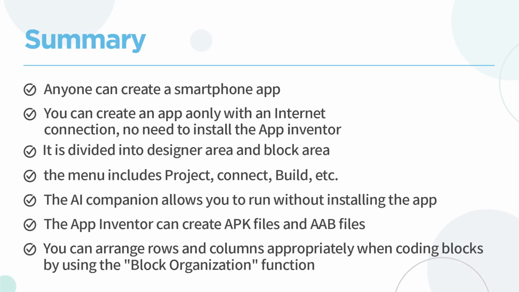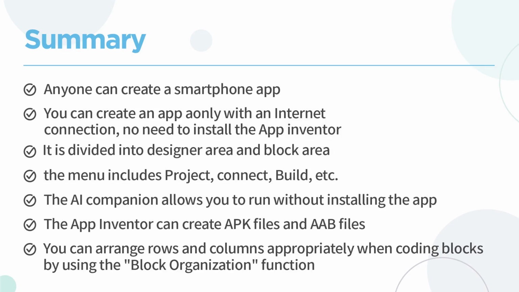Let's summarize what we have learned from these lectures. We learned that anyone can create a smartphone application by using App Inventor, and you can create an app only with an internet connection without having to install anything. App Inventor is divided into the design area and the block code area.